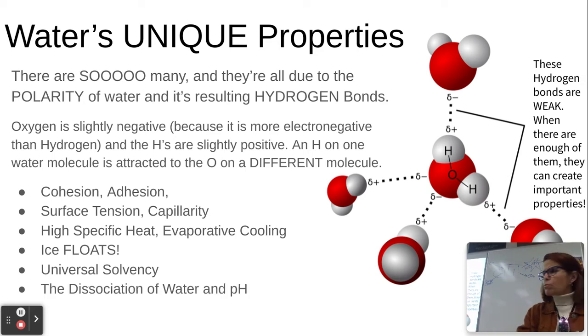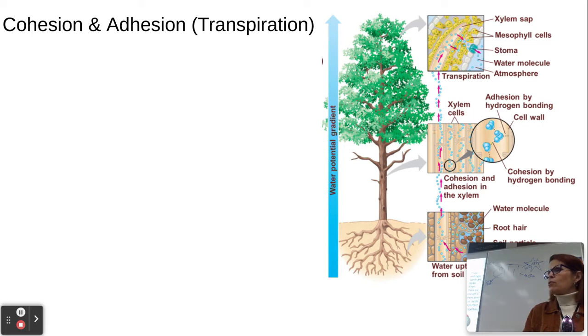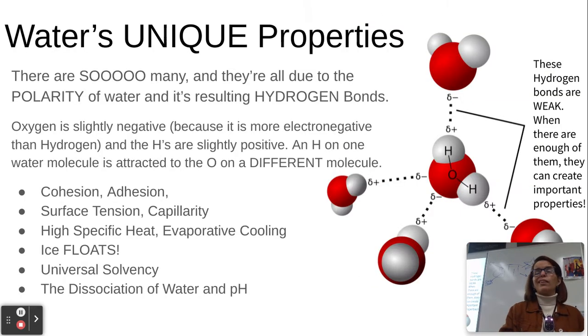And then it's a universal solvent. So that it can dissolve lots and lots of different things. Whoops, I went too far on one of these, trying to do two computers at the same time. And then it also has, in this case, it is where acids and bases come from. Remember that water can break apart. It's H2O, which means it's an H and an OH, and they can separate from each other.